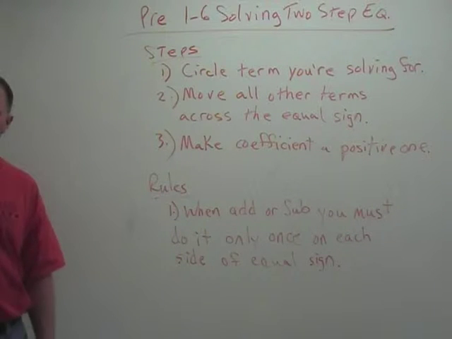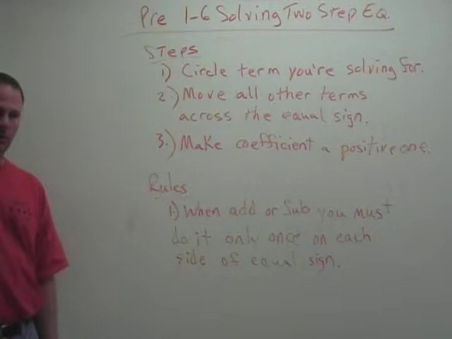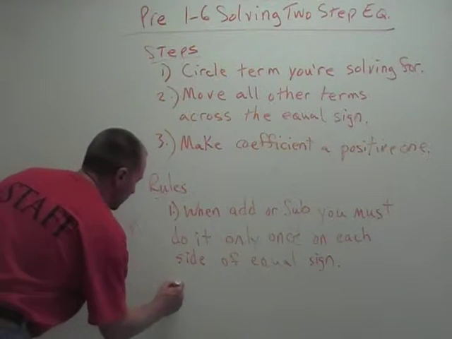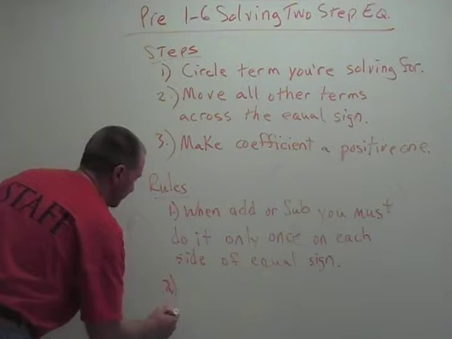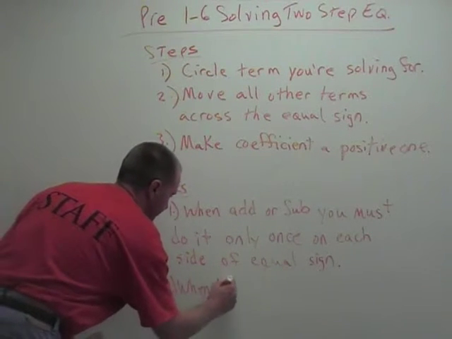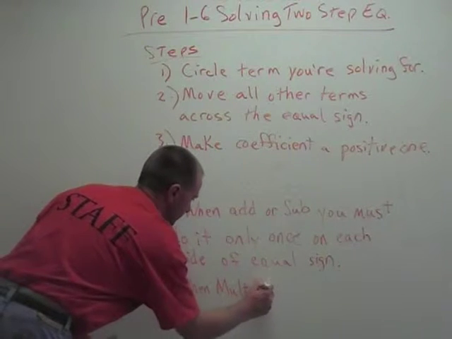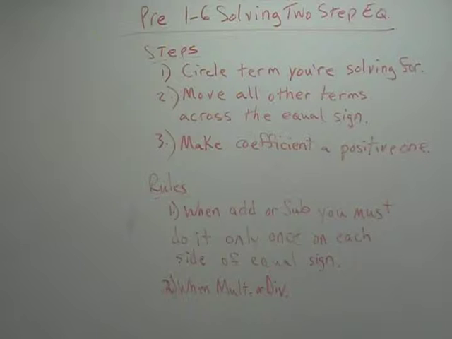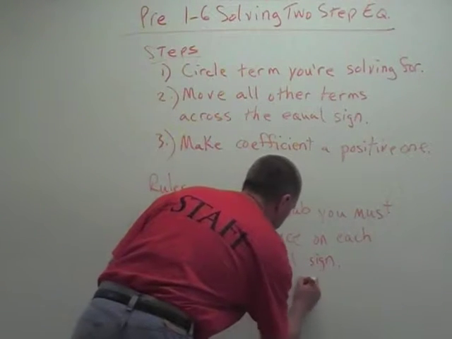That's what we did with the one-step equations. And then also with the one-step equations in your homework, we multiplied. So when you multiply or divide, you must multiply or divide every term. You must do it to every term.